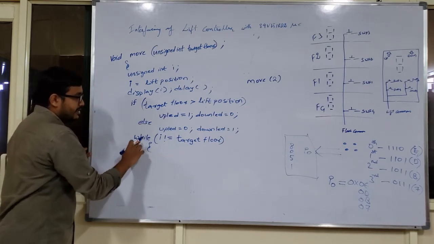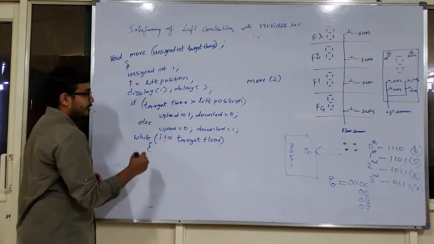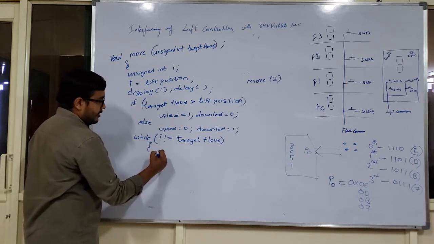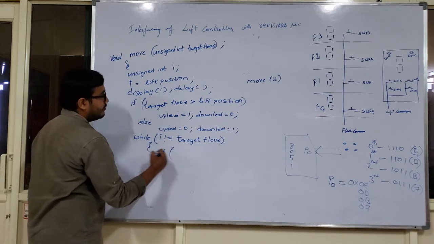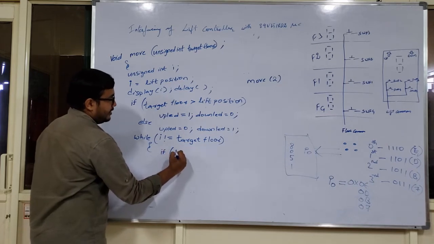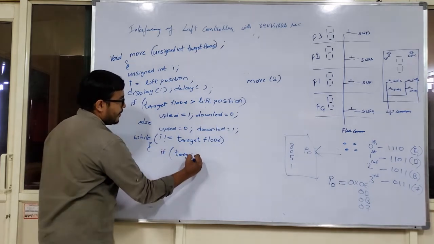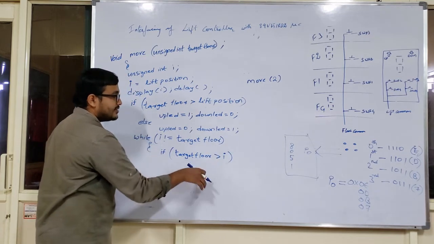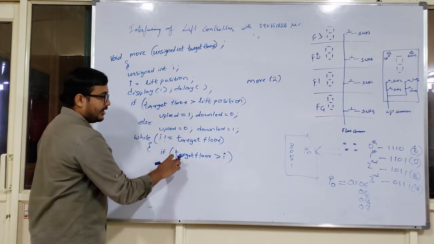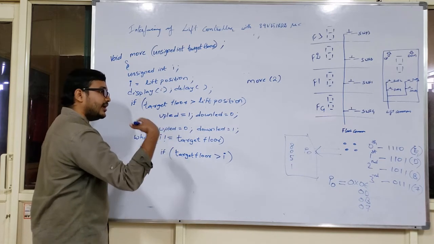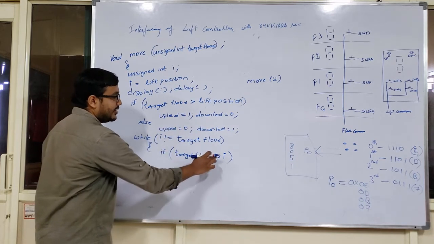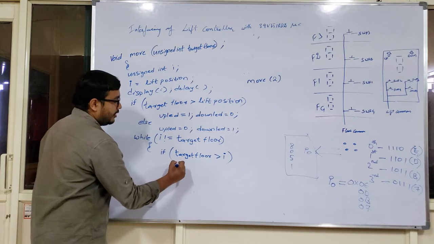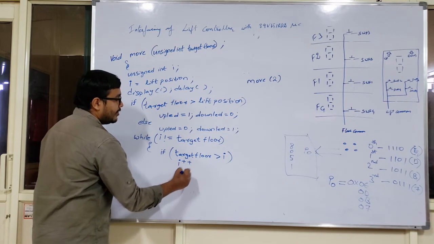While all these things happen, while I is not equal to target floor, I can say if target floor is greater than I, which indicates the present lift position. Target floor is the one where I have to go. If target floor is greater than the current lift position, what happens? Increment the value of your floor.